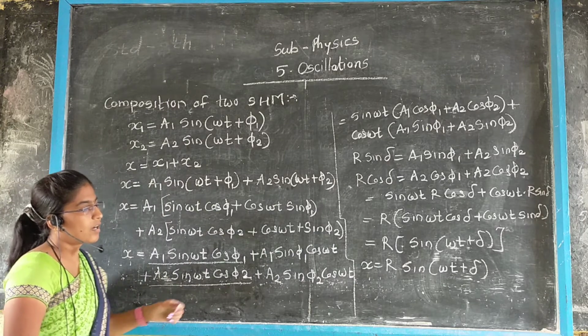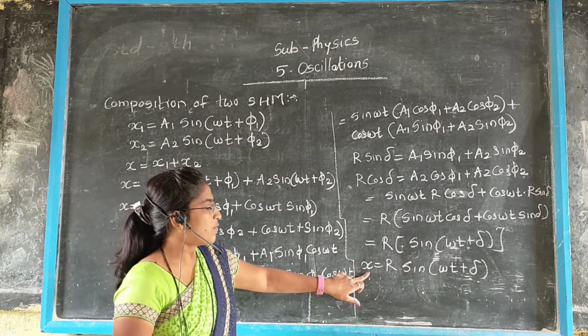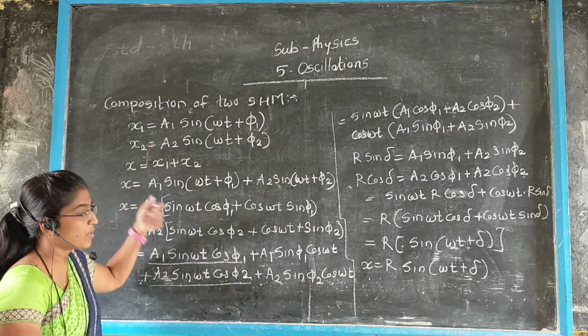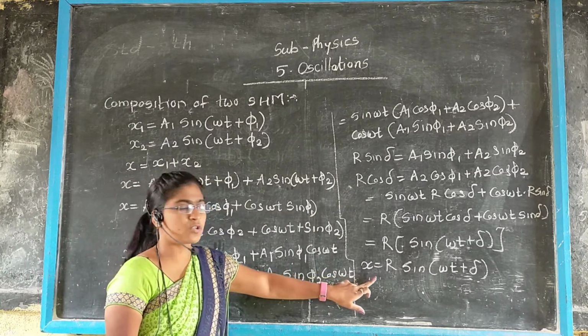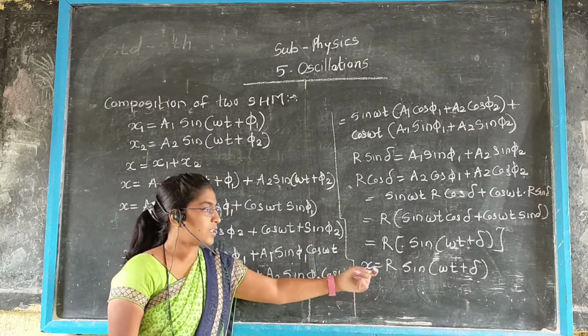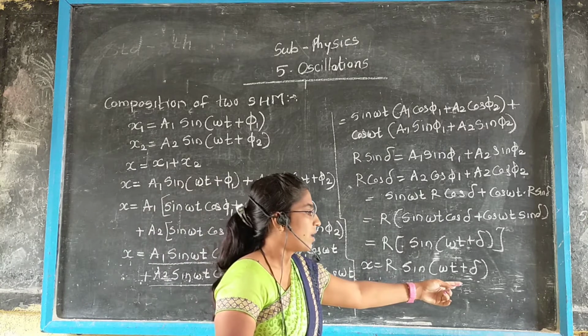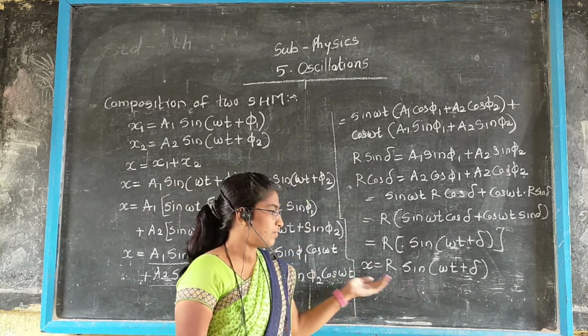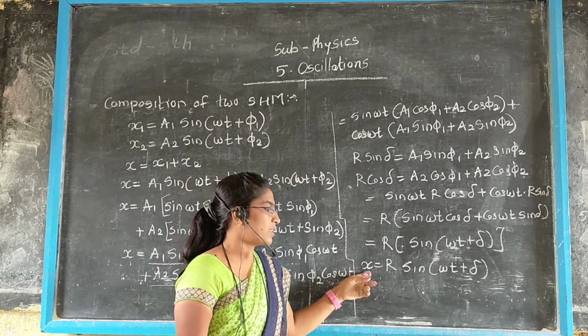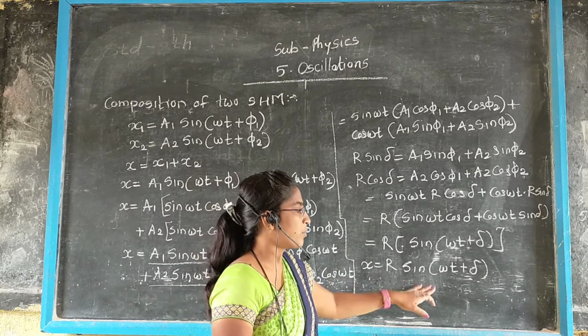This is the equation of the composition of two SHM. After the composition of two SHM, we get a third SHM. This is the equation of that third simple harmonic motion.